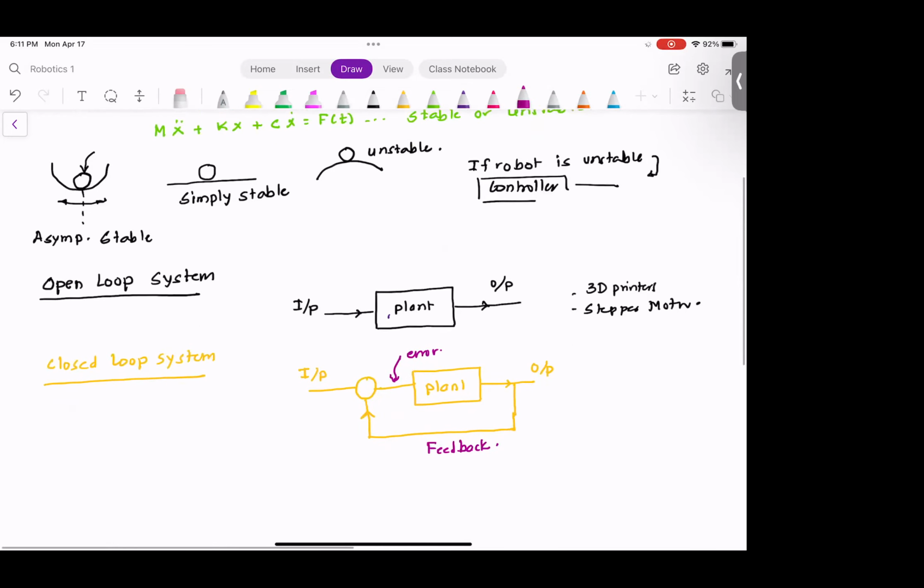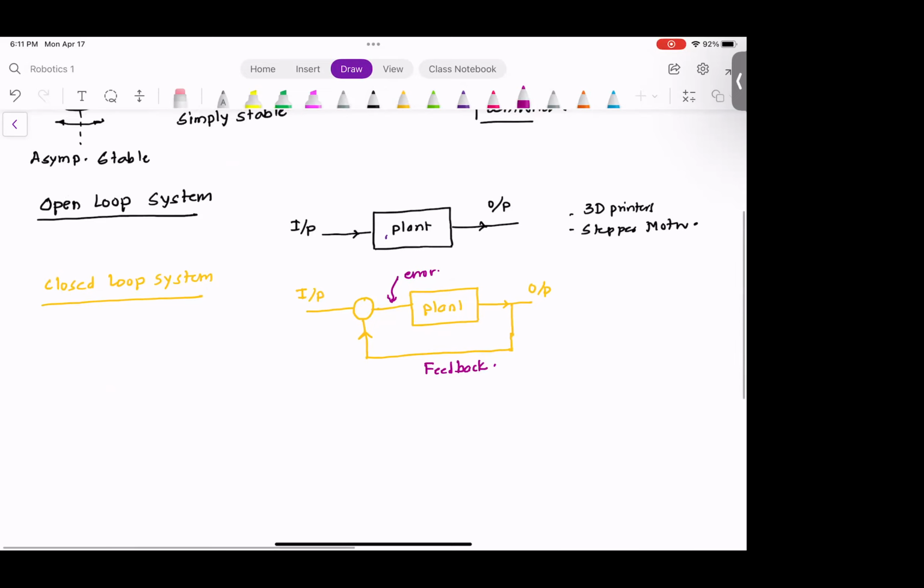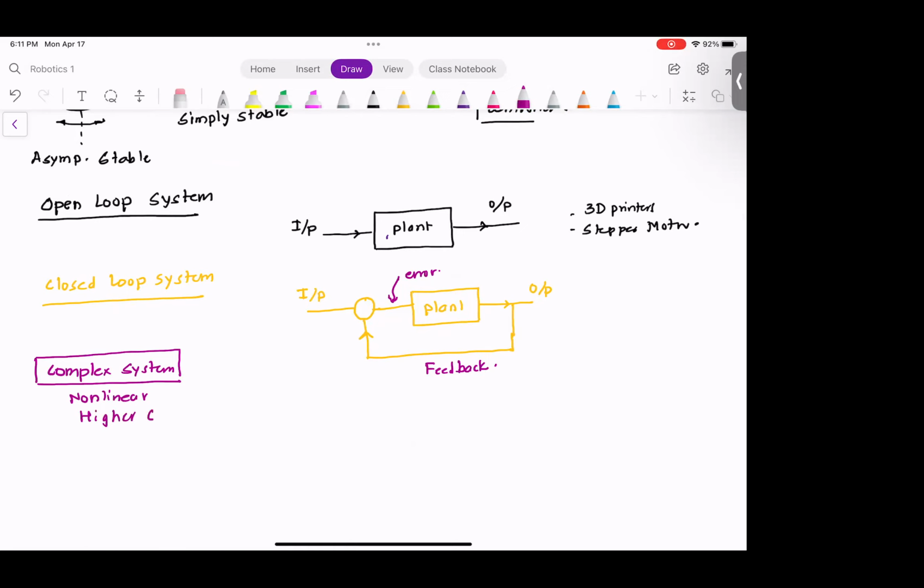Now, as you can see, there are different ways of designing open loop and closed loop systems. And as we talked about, we have this complex dynamical system, which is actually a nonlinear, higher order system.